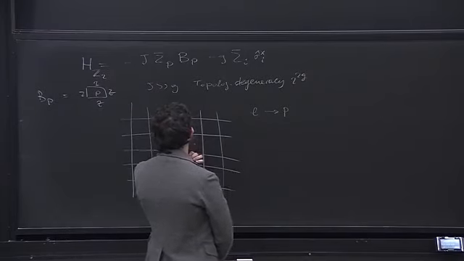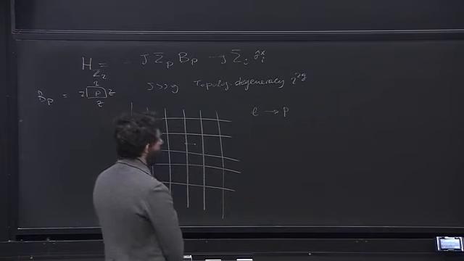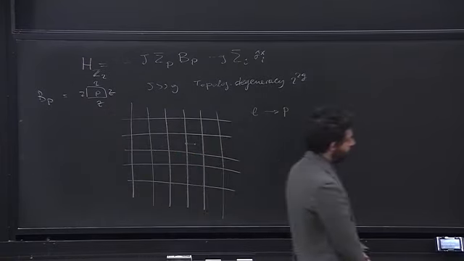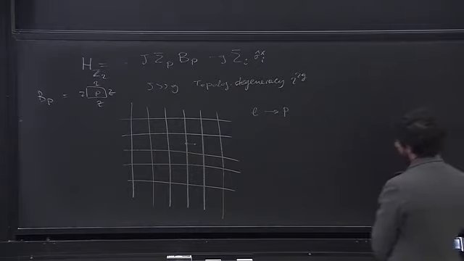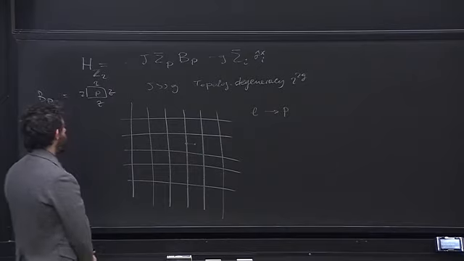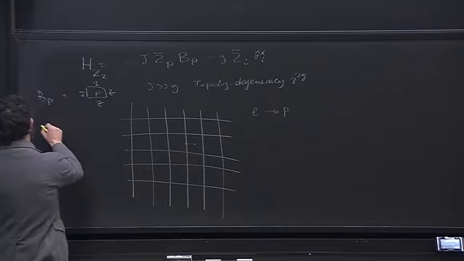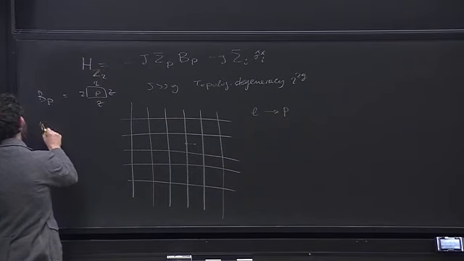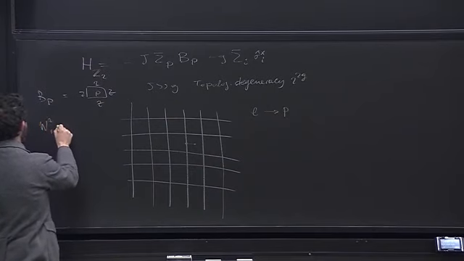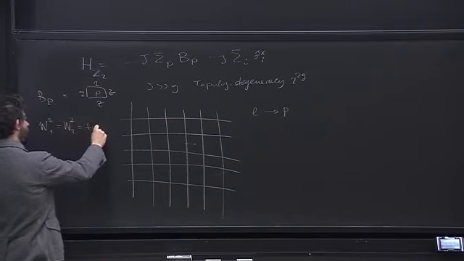And so how many do we need to freeze? We need to freeze the 2 degrees of freedom that correspond to the large loops. Okay? So we will be in the sector where W1Z equals W2Z equals plus 1.